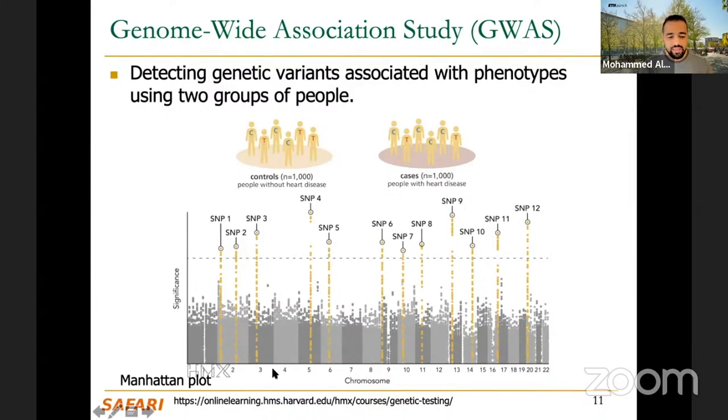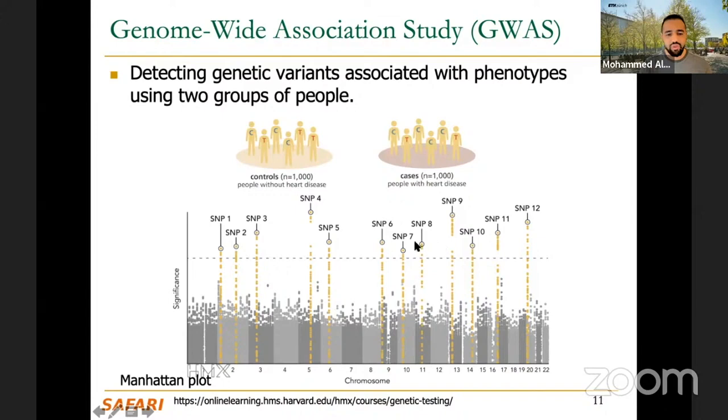In the x-axis, we have all the chromosomes at specific locations. So every dot over there represents a location in the x-axis. In the y-axis, we have the significance, which is the negative log of the frequency.